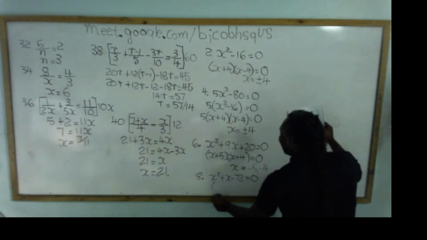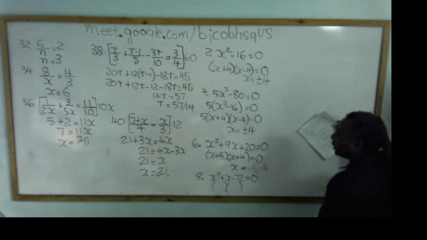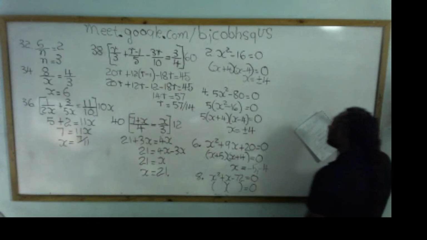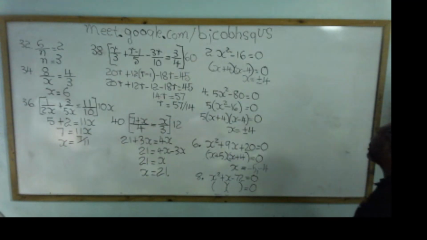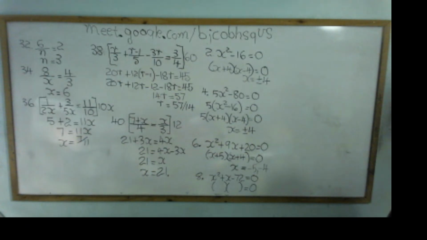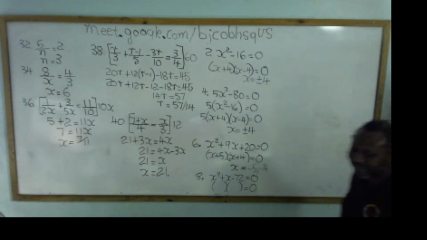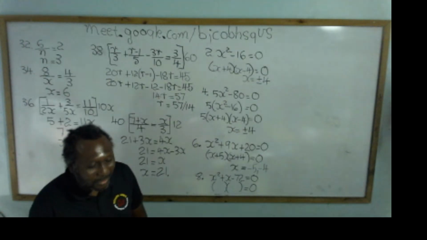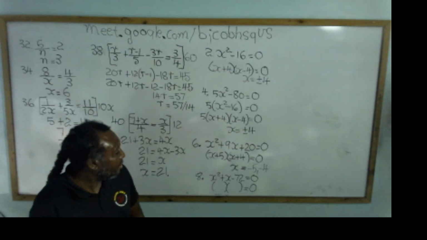What are the factors? They have a product of negative 72 and a sum of 1. What are those two numbers?